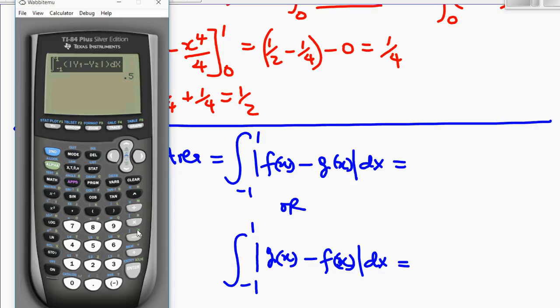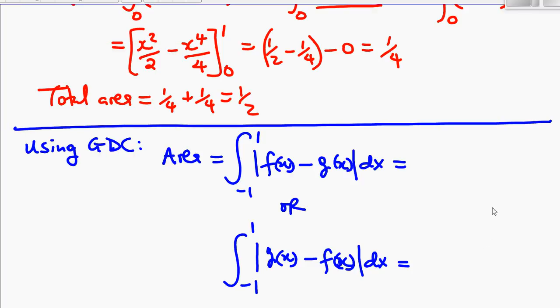If I just select this and then change the order here, start with y2 minus y1, I still end up with the same answer. So the order doesn't matter. Whichever way you do it, you'll end up with the same answer. And now you know how to do it. Good.